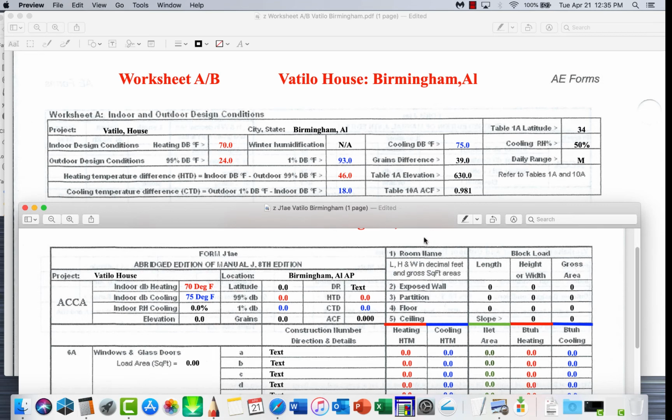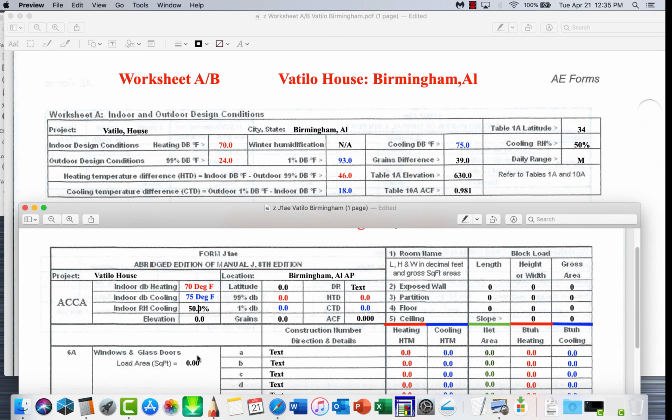All right, so we'll just start here. There's your heating dry bulb temperature, 70 degrees. Cooling, 75 degrees. Indoor RH, relative humidity percentage cooling, we're going to be 50% right there, so this will be 50%.